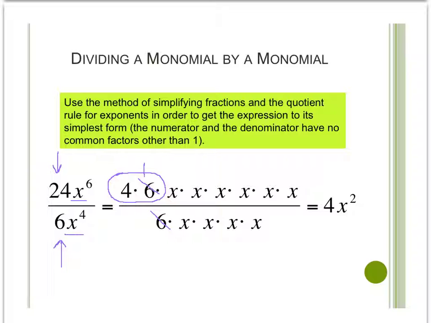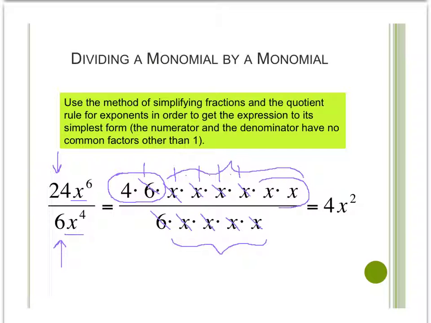Then let's look at the variables in both the numerator and the denominator. And notice on the numerator we have x to the 6th, so we know we need to multiply 6 x's in the numerator, and in the denominator we multiply x by itself 4 times. And when we do this, we end up with common factors of x in both the numerator and the denominator, leaving us with 1s in those places.